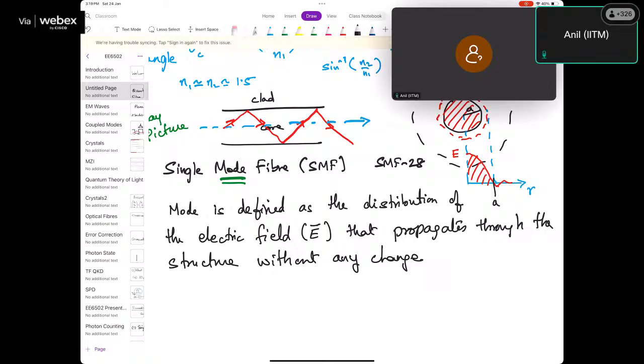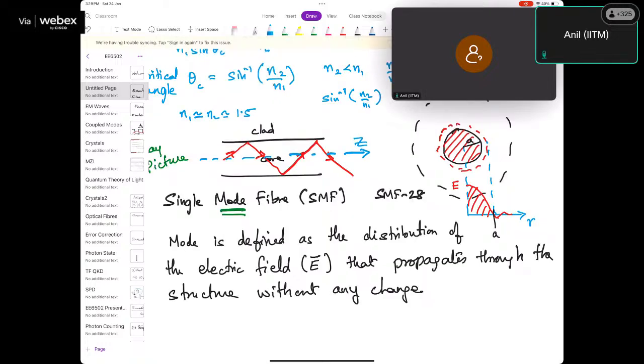It propagates through the structure. So in this case, it's propagating down along the direction Z through the structure without any change. It will still continue to look like what I've drawn out here.